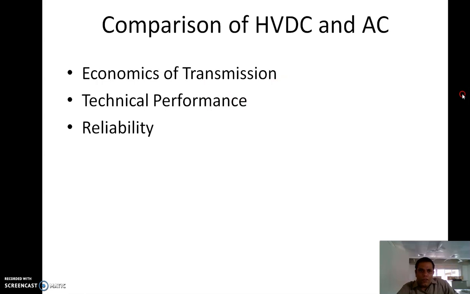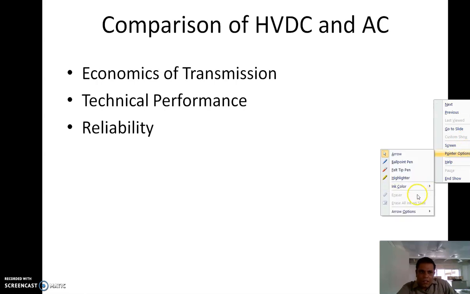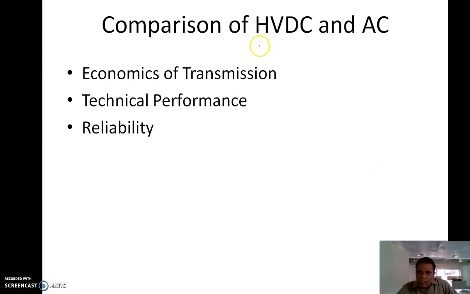So traditionally we have been using high voltage AC transmissions for transmitting power over large distances, and now we are also focusing on HVDC. So how they compare with each other, that is what we are going to see in this class. So there are 3 points on which we are going to compare the HVDC transmission and AC transmission.